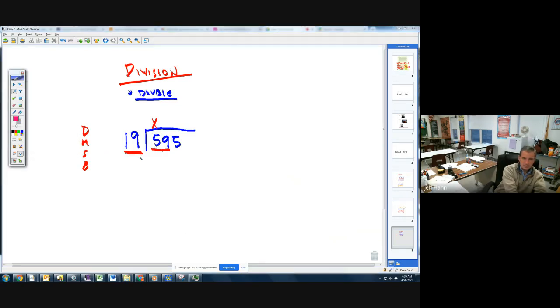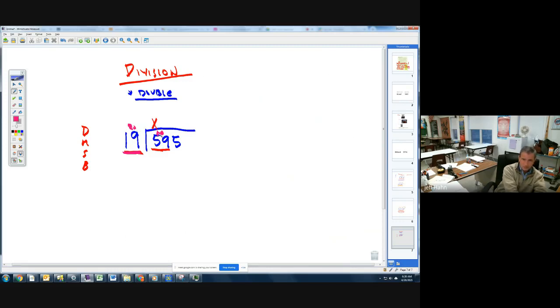You want to think to yourself that 19 is awful close to 20, and 59 is awful close to 60. Now, you wouldn't write that in there, but I'm just going to jot it down so you can see it. Those would be the two numbers that you would think of just to get close to how many times will 20 go into 60? Because those are a lot easier numbers to work with, and hopefully you're thinking 3.